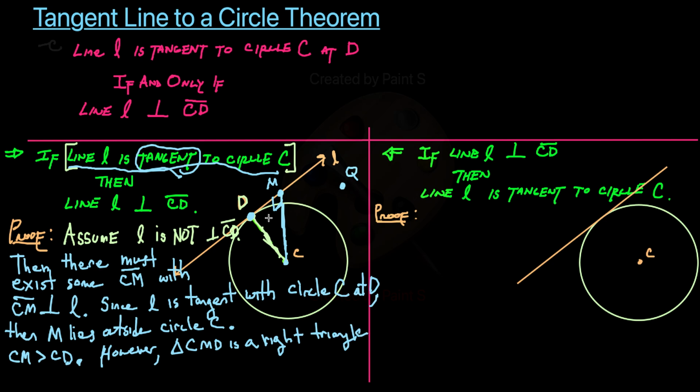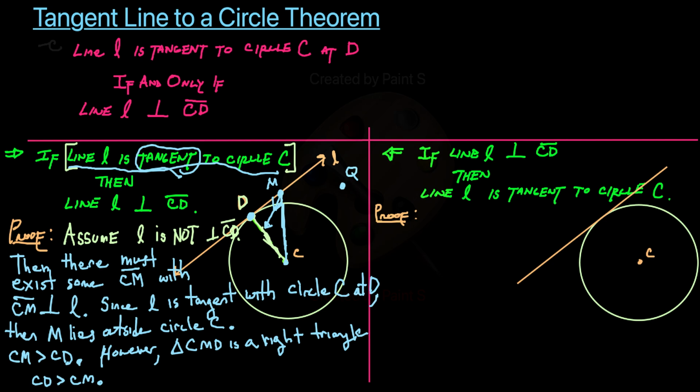Since it's a right triangle, it has a hypotenuse, and the hypotenuse is opposite the right angle. That's CD. So CD is the hypotenuse in this right triangle. That makes CD the longest side in this triangle. So CD is greater than CM.